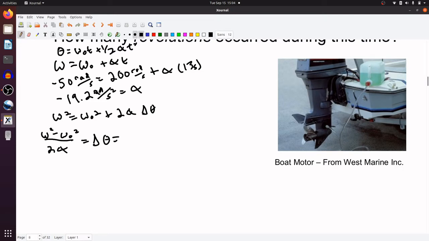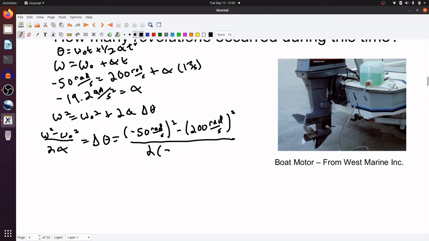And so the final velocity squared will be negative 50 radians per second, squared, minus the initial of 200 radians per second, squared, divided by 2 times negative 19.2 radians per second squared.